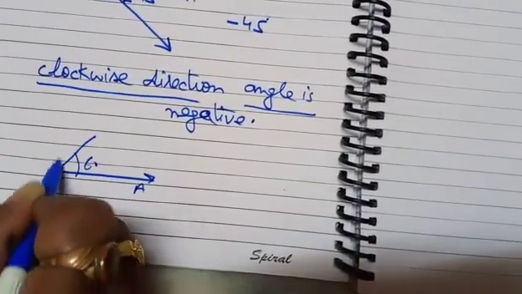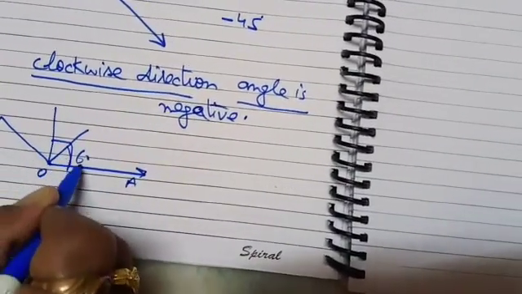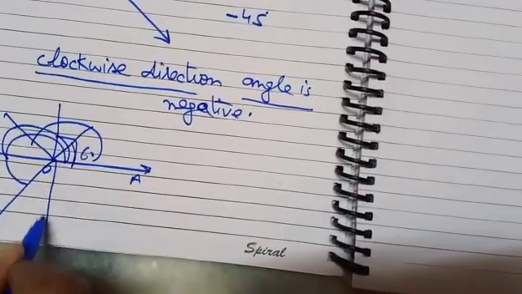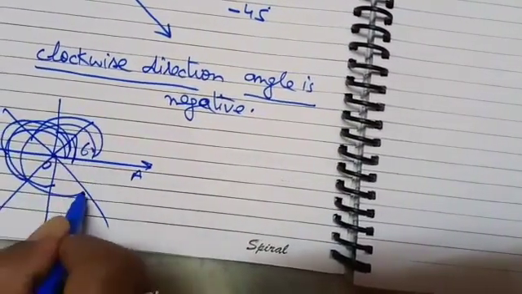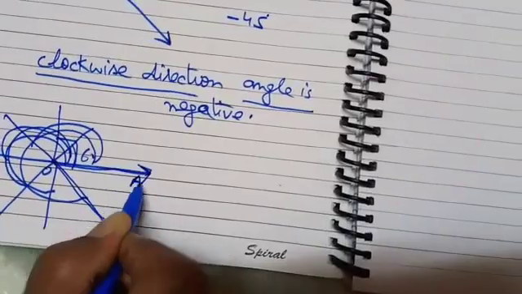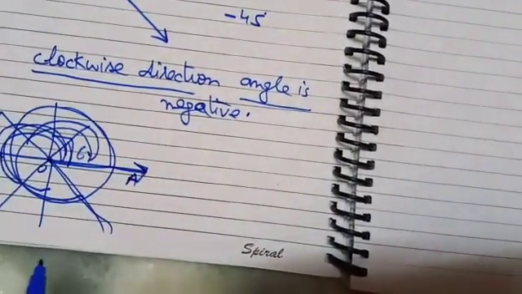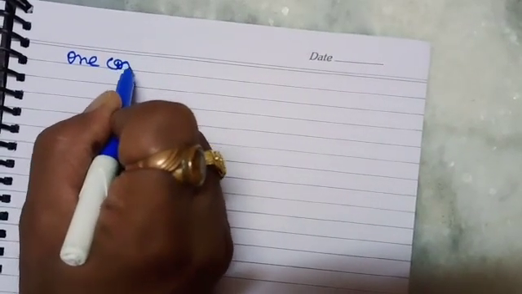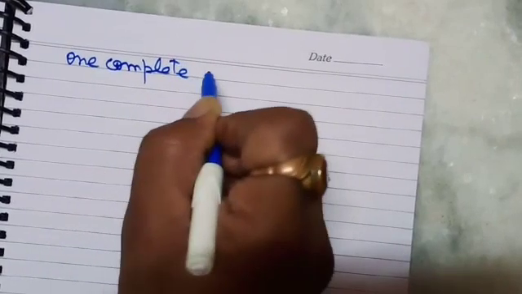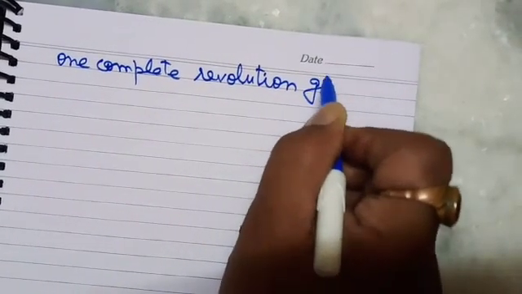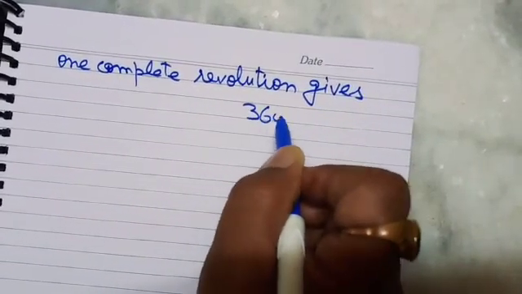This angle is 60 degrees, this is 90, this is 120, this is 180, this angle is 240, this is 270, this may be 300, and finally when this line again moves and coincides with OA, then the complete angle is 360 degrees. So one complete revolution gives a 360 degree angle.